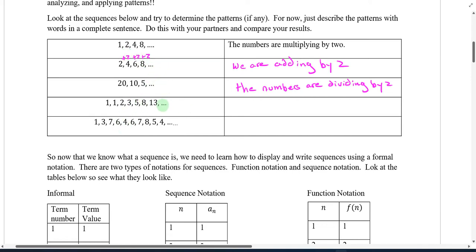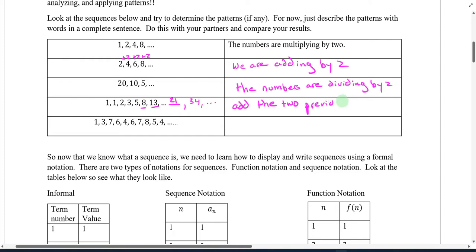So the next term, right? If I were to generate the next term, I would add the 8 and the 13, which is 21. Then to generate the next term, I would add the 21 and the 13, which would be 34, right? And this would keep on going like this. So here we're adding the 2 previous terms.